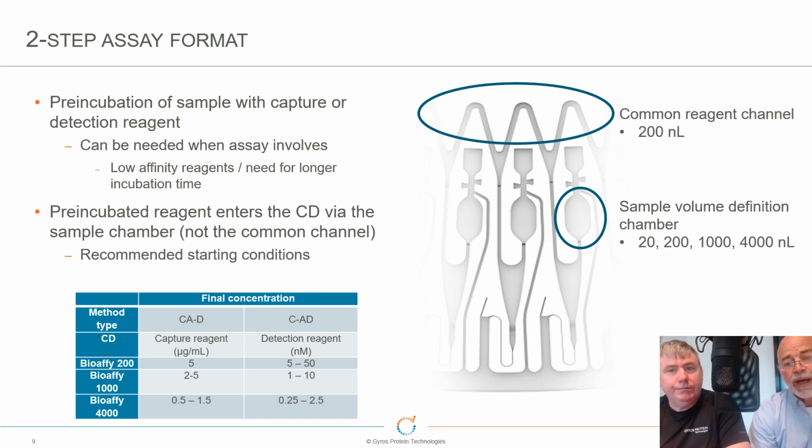Now when we mix the capture reagent with the sample up front, we'll probably back down on that capture concentration because we want to match more closely with the analytical range of your assay, and you want to pick a concentration that's probably equimolar capture with the top concentration of the analyte that you're trying to capture out of your sample. It's key that the actual concentration is very critical, which we'll show in the next slide.